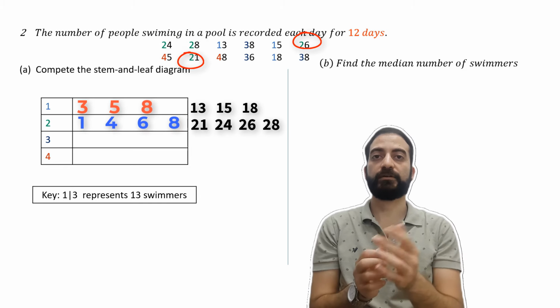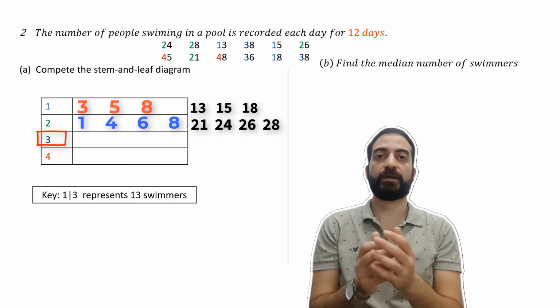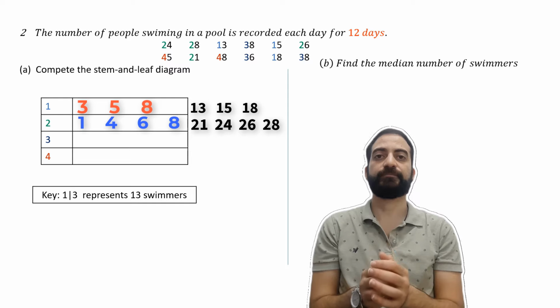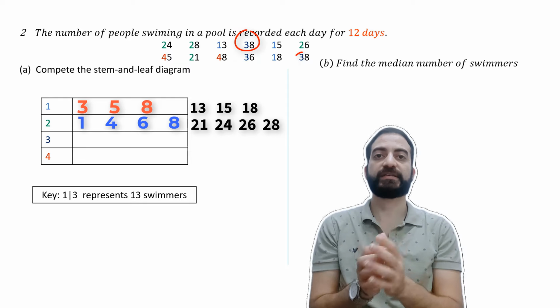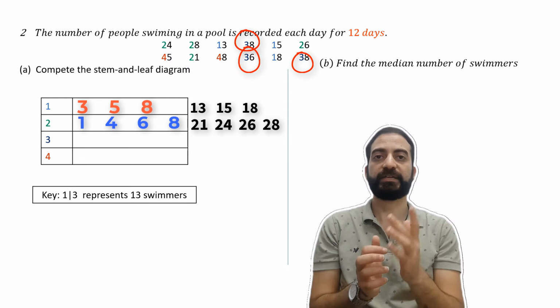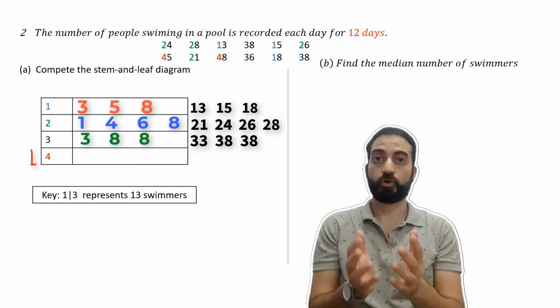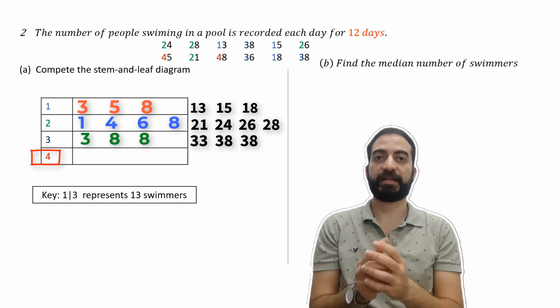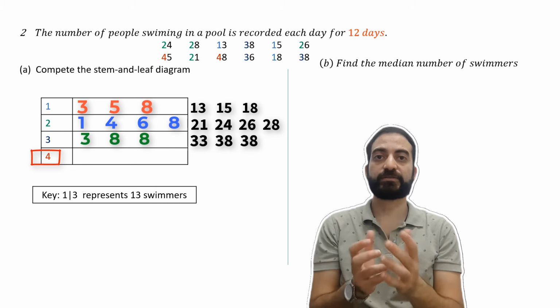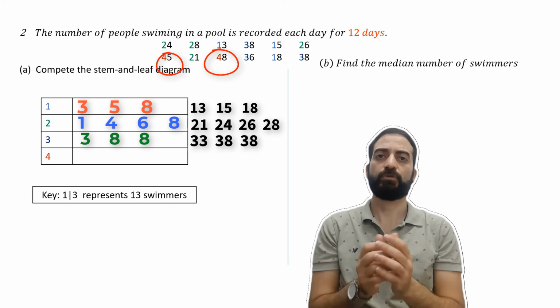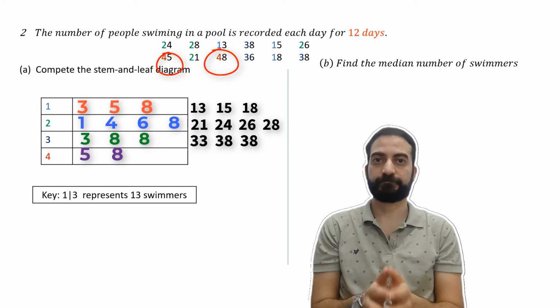And also here we have 3, so we look for numbers in the tens place which have 3, like this and this and this, and we put them here like this. And also here we have 4, so we look for the numbers in the tens place which have 4, like this and this, and we put them here like this.